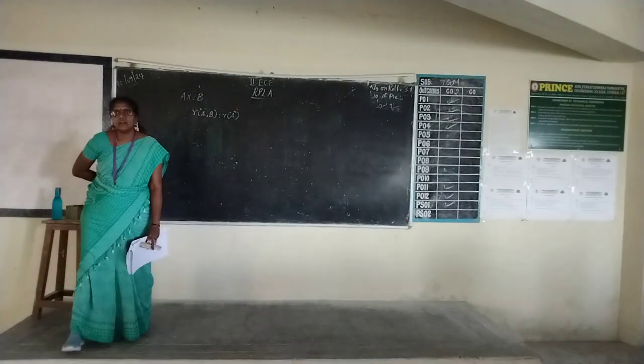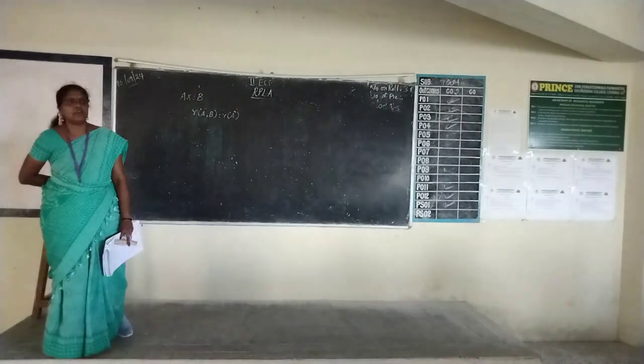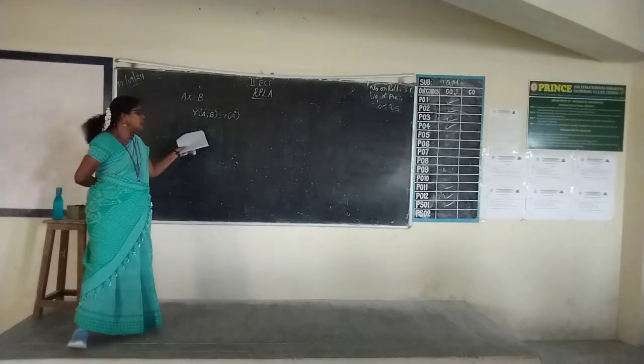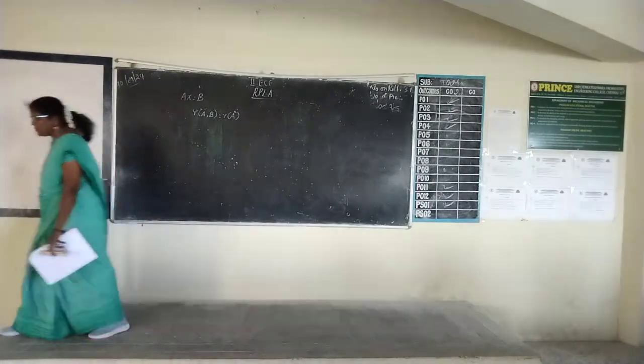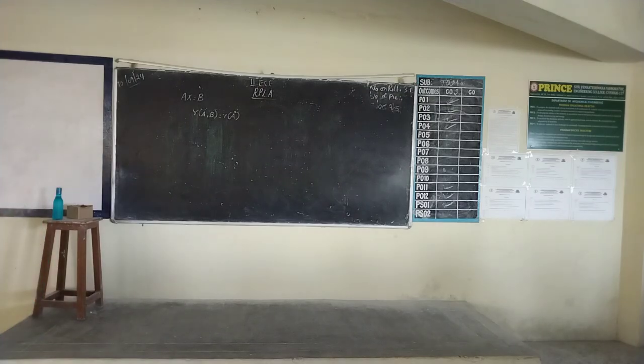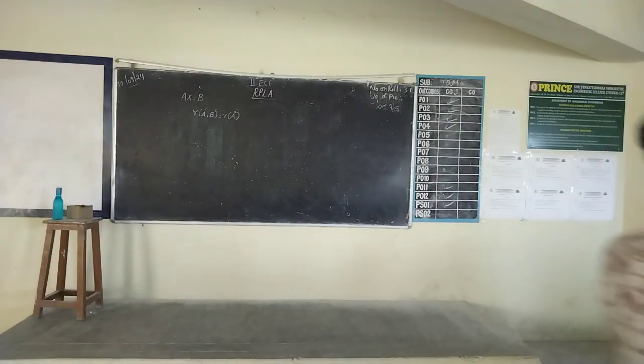Second one, if rank of AB is equal to rank of A, which is less than the number of unknowns, then the system has an infinite number of solutions.